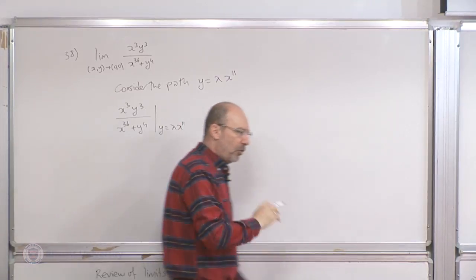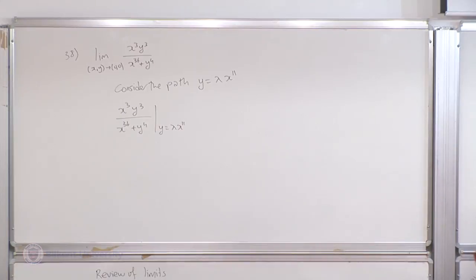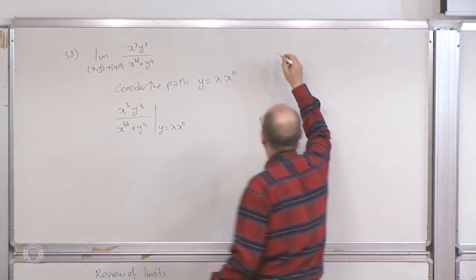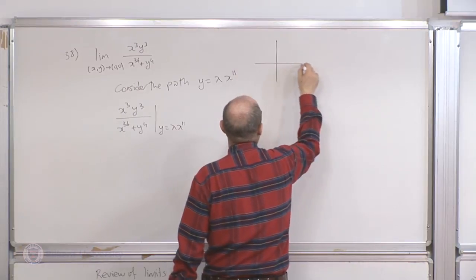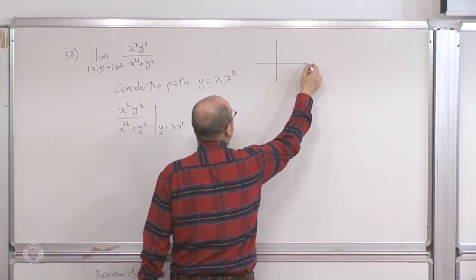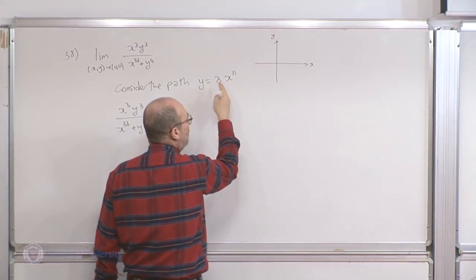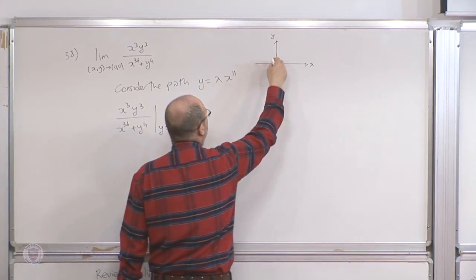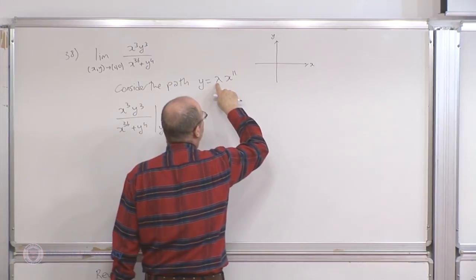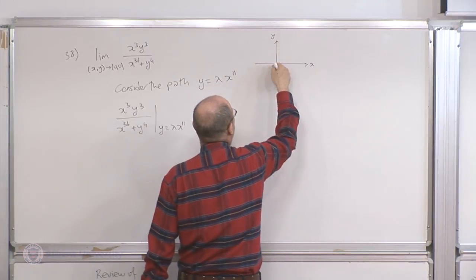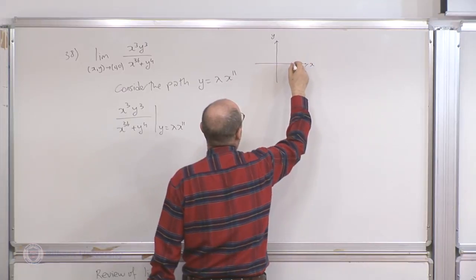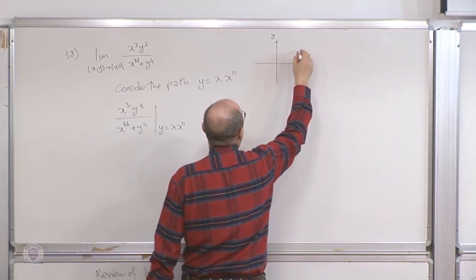Before we do the algebra, let us visualize what this path is. You see this path is something like this. This is x, this is y. It is symmetric with respect to the origin. Suppose lambda is positive, so the graph is here, and the same thing is here. Suppose this is 1.